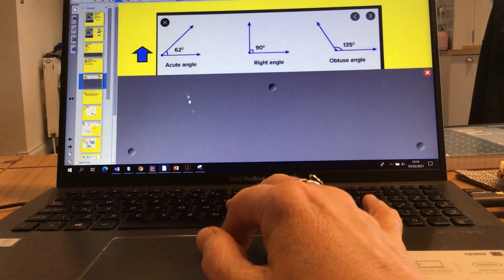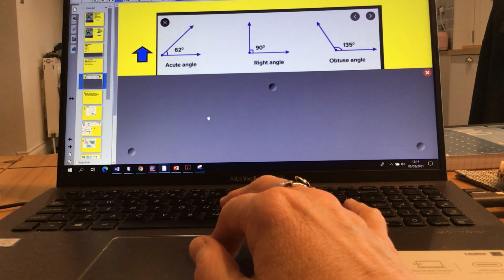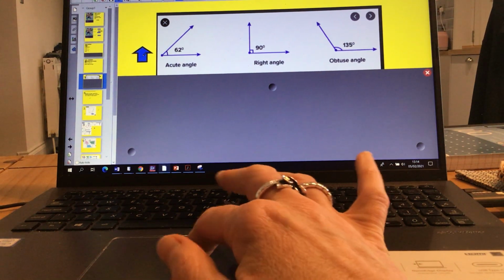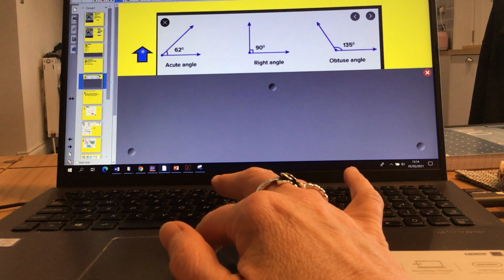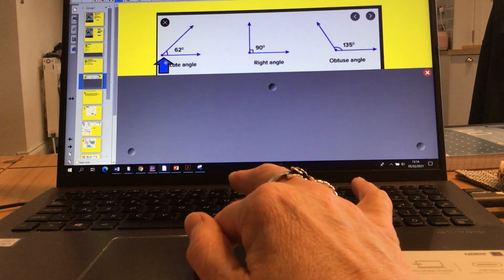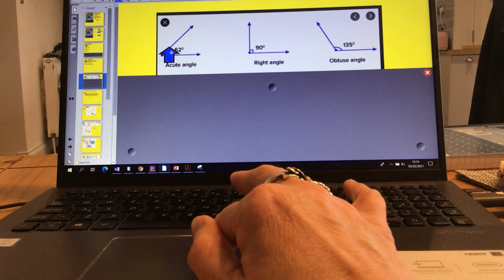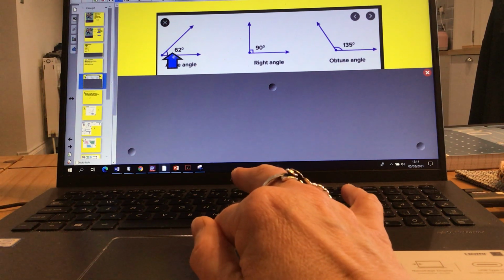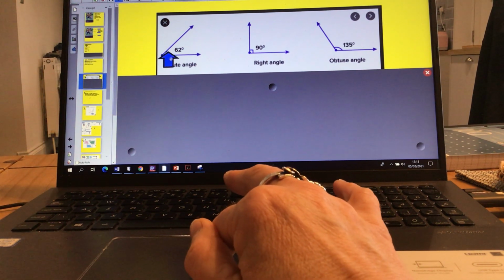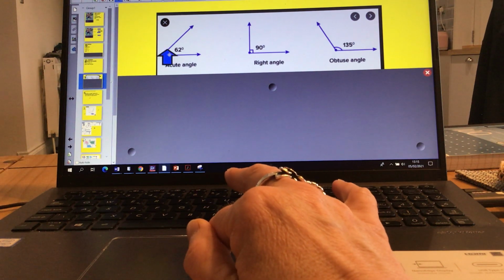Right, let's have a little think about these three first of all. Okay, so acute angles are angles that look like this. Remember, an angle is the movement from two lines when you go from one to another, and this space in between is the angle that's created.